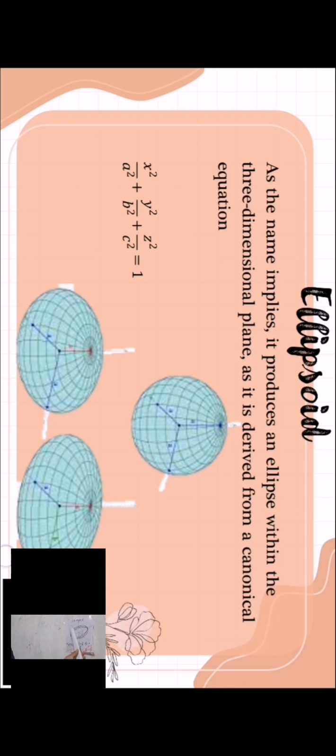And this is the y equal to 0 curve, the blue curve. Z equal to 0 gives x squared over a squared plus y squared over b squared.